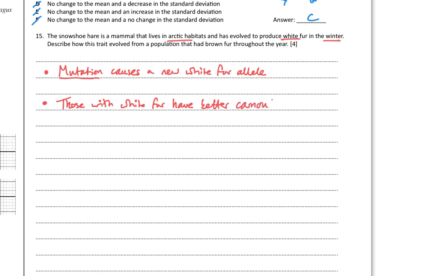Don't forget the U in camouflage. Therefore, they are less predated. If you put that they can gain food more easily or lose less heat, you'd still be okay, but it is a camouflage thing.